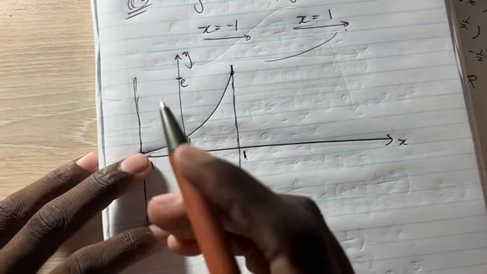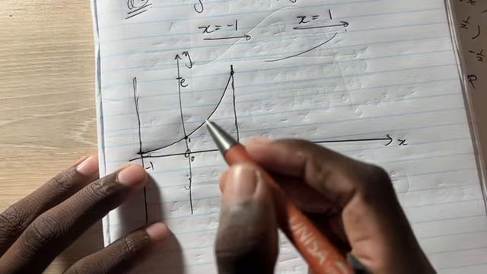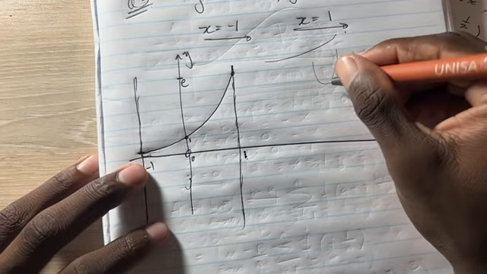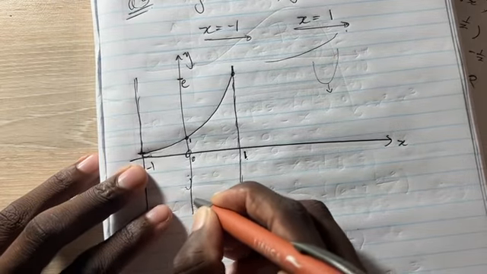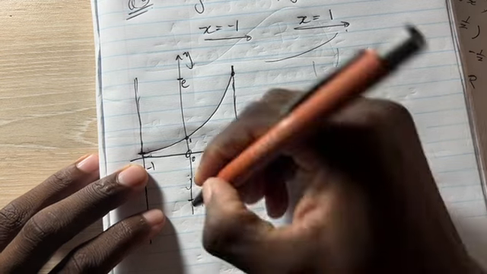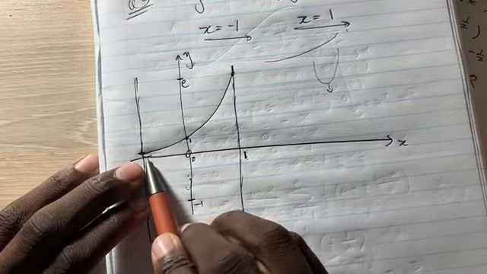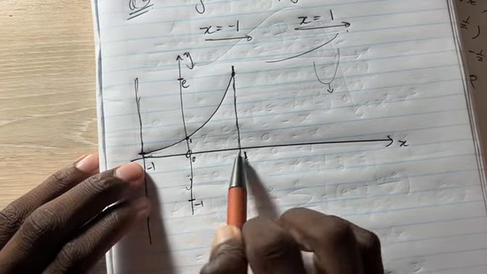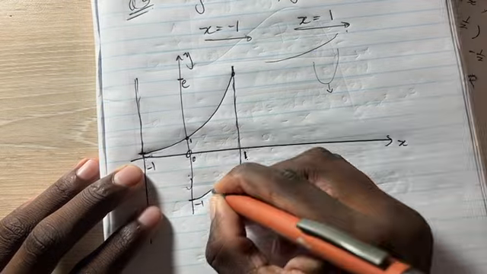And then the other function is x squared minus 1. X squared minus 1 is a positive parabola, and it's been shifted 1 unit downwards, right? So it meets the y-axis at y equals -1, and it's a parabola. The x-intercepts should be at x equals 1 and x equals -1, I think.